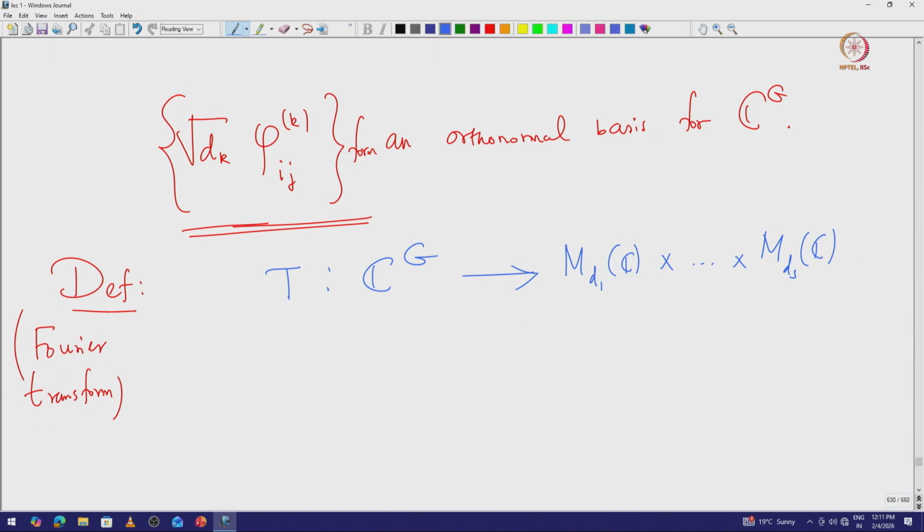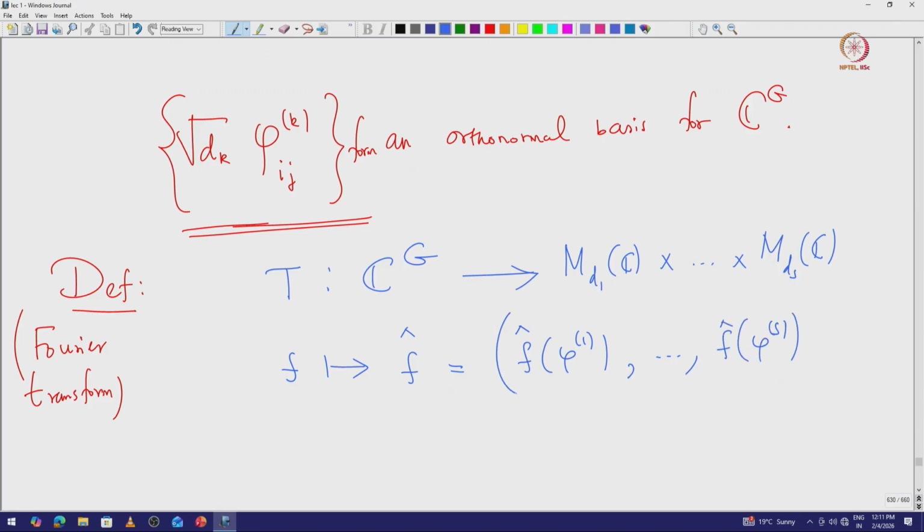So, now how are we going to record the information of f hat? Given f, we define this f hat, where f hat is given by the tuple. So, you just take f hat of phi 1, okay, etc. f hat of phi s.